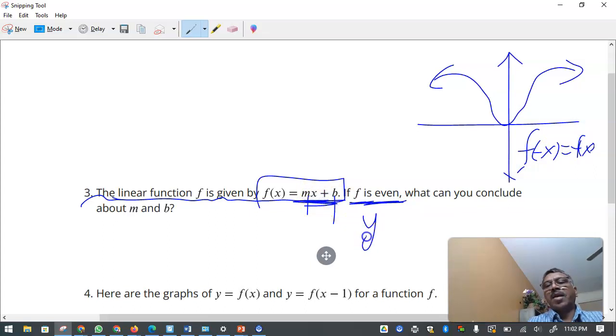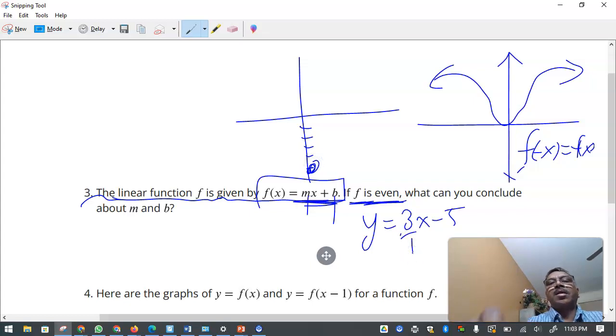Now what does this mean? If I write y equals 3x minus 5, your graph starts at 1, 2, 3, 4, 5, and the rise over run is 3 over 1. If you go 3 up, 1 right, 3 up, 1 right, you get a line like this. But I want a line through the origin, like an even function.